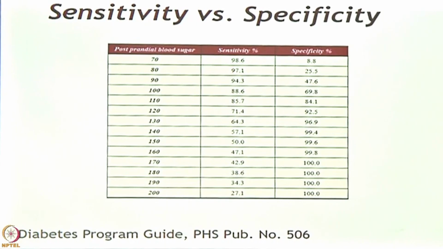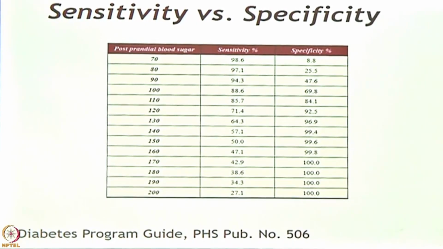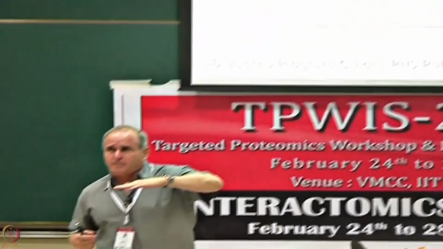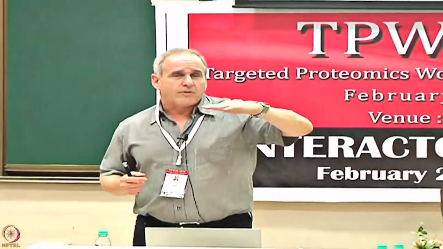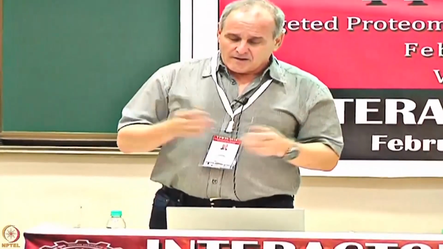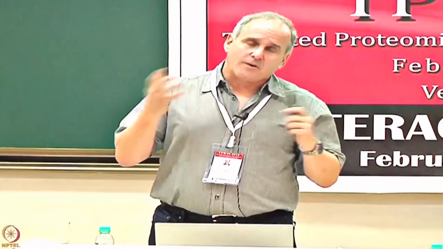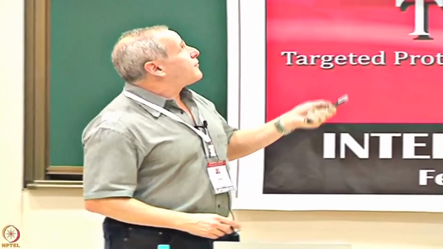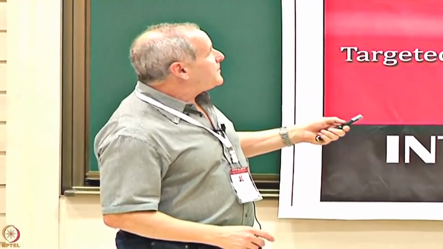If it's below this value, I'm going to say it's negative, right? And the challenge is that as you elevate or decrease that number, you will alter both the sensitivity and the specificity, and oftentimes in opposing ways.